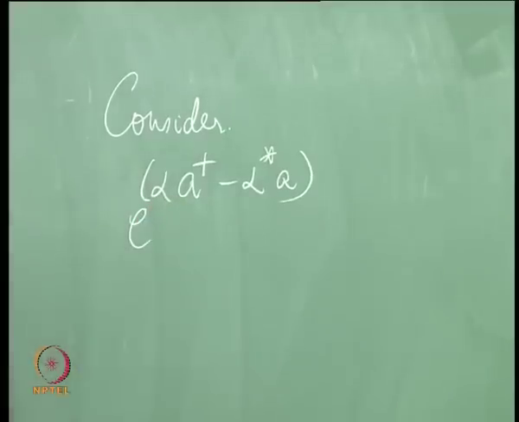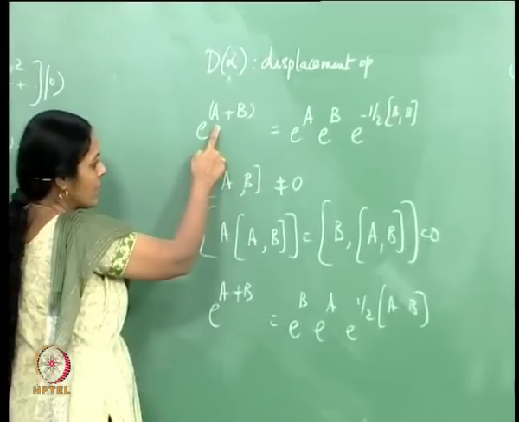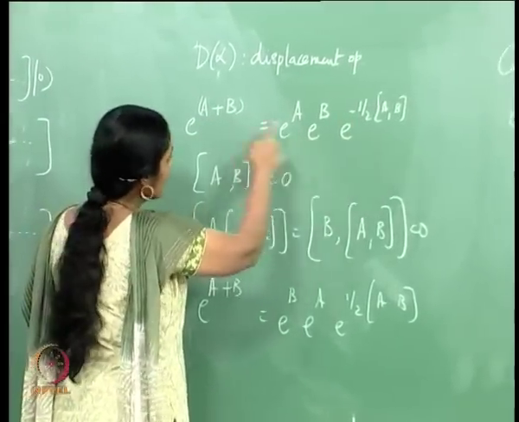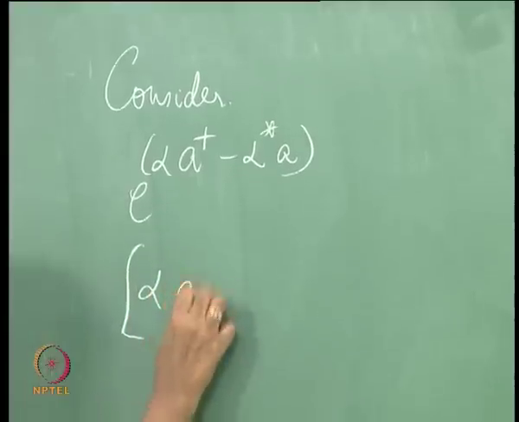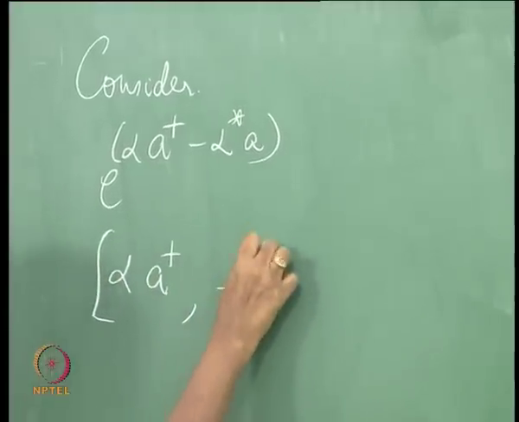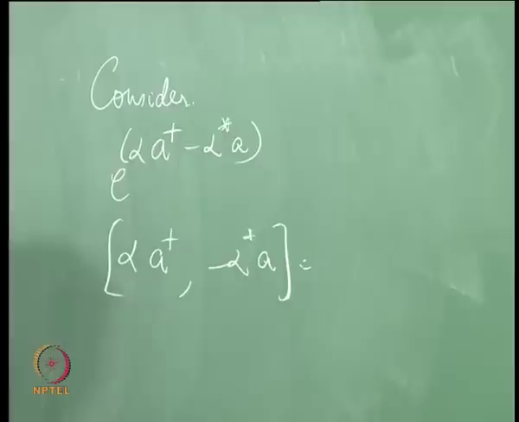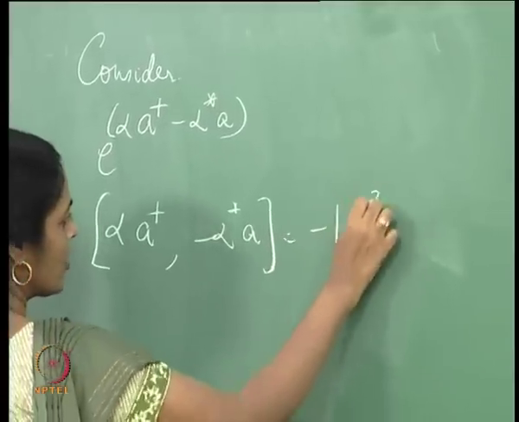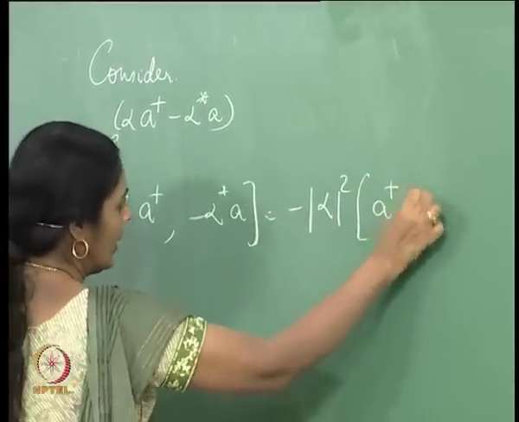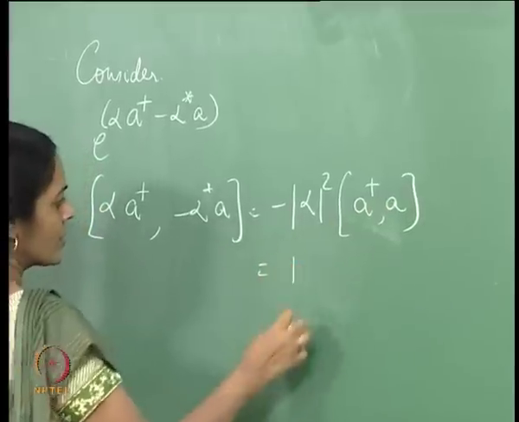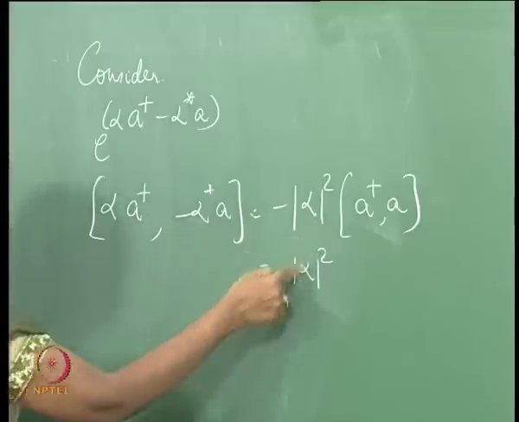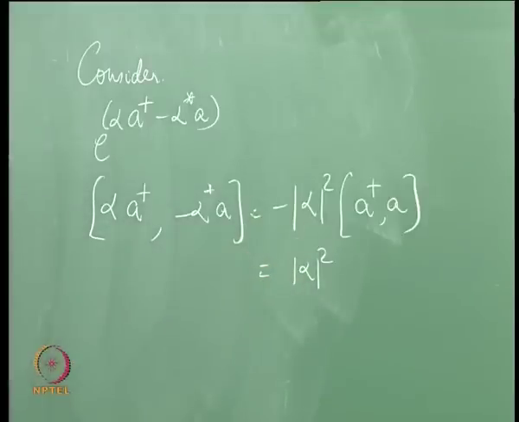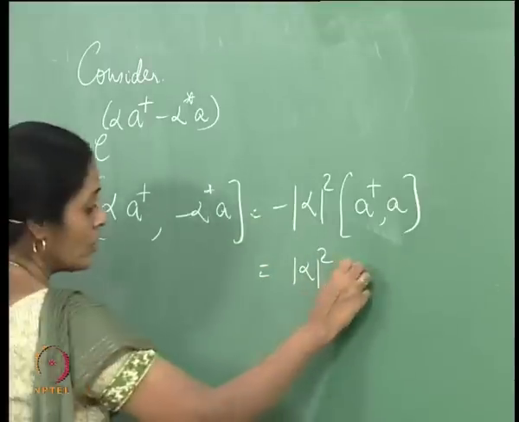This is like capital A in my example, and minus alpha star a is capital B. The commutator of alpha a dagger with minus alpha star a is simply minus mod alpha squared times the commutator of a dagger with a, and that is just mod alpha squared, because this gives me a minus 1, and therefore with that minus sign it gives me a plus 1, and that is in general not equal to 0.